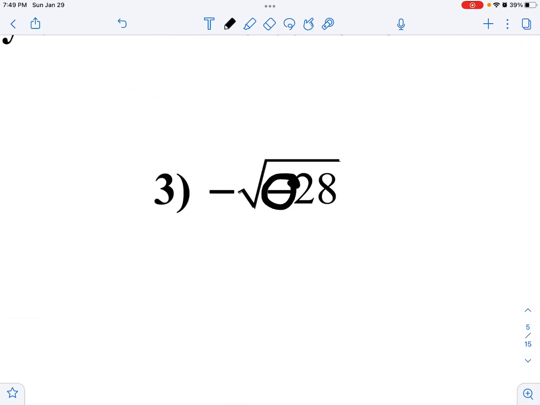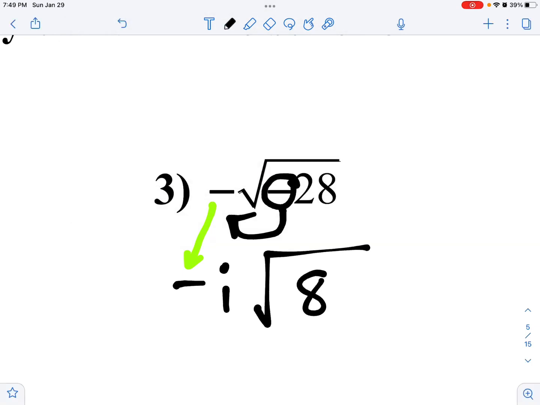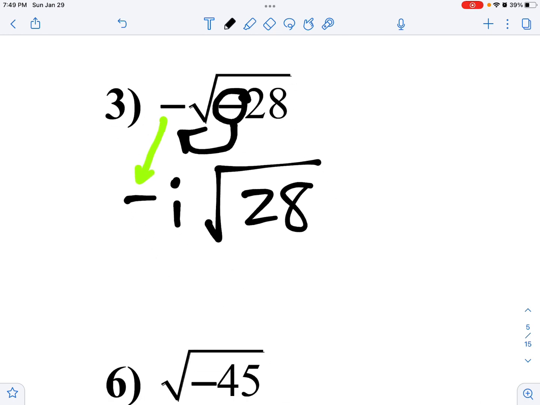Okay, how about this one? I'm going to bring this one out as an i. And I'm also going to keep this negative sign that's in front, so don't lose the negative. It stays. Let me make that a little bit more clear. This negative sign just stays there. But the i came out, so now I just have regular 28 on the inside. I can't write today either. And now I'm going to break down this 28.